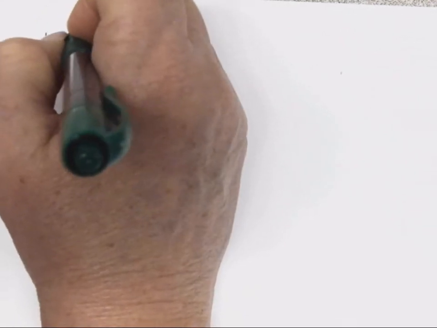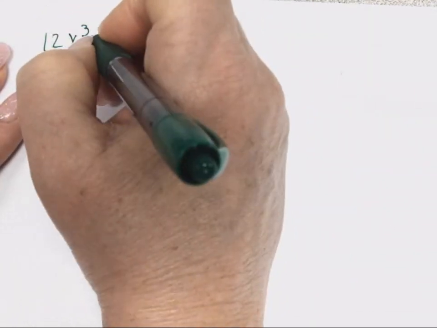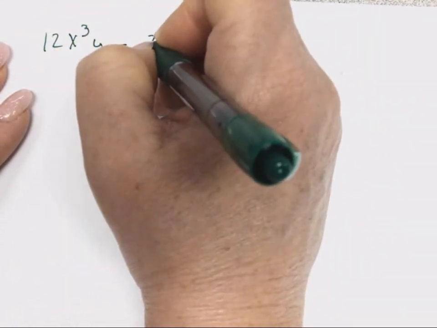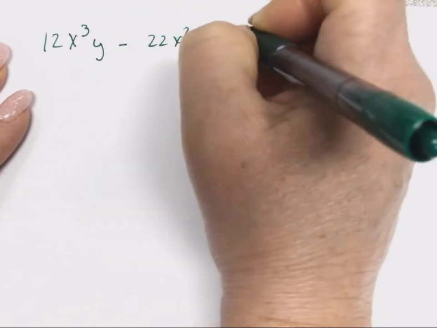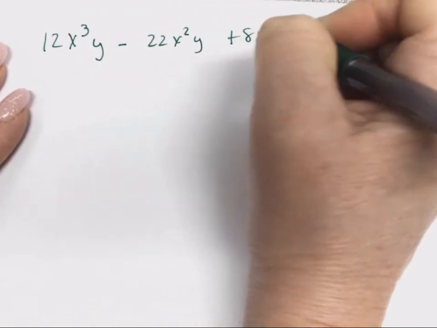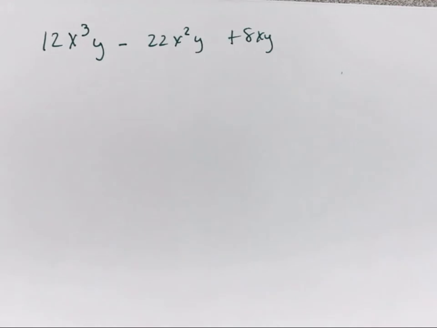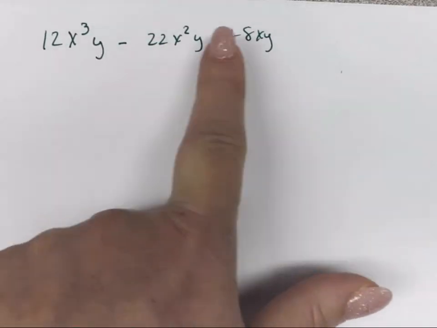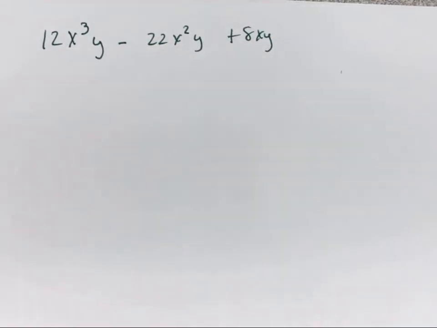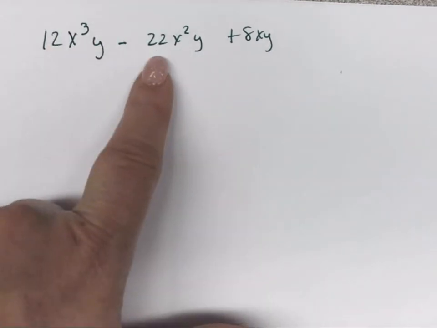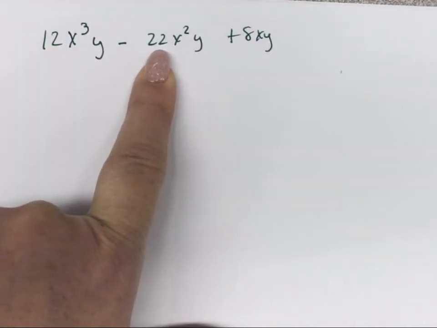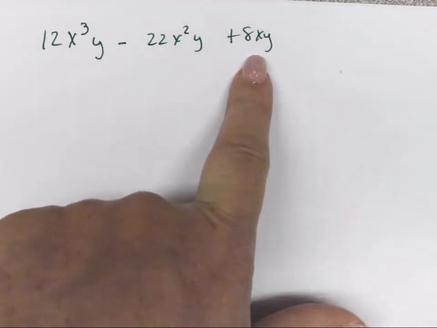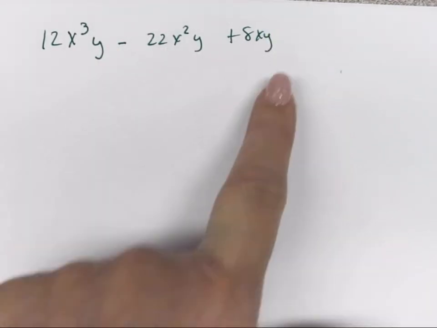We have 12x cubed y minus 22x squared y plus 8xy. So we're looking to find our GCF. These are all even, so I know that they'll divide by 2, and 22 will only divide by 2 and 11. So I can't go any further than 2. They all have an x term, and they all have a y term.